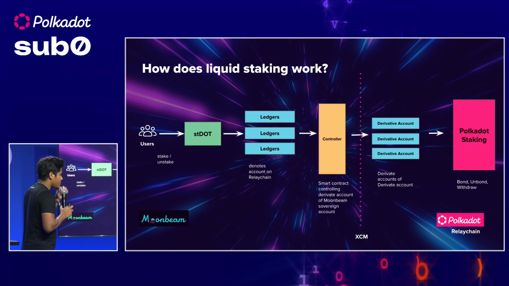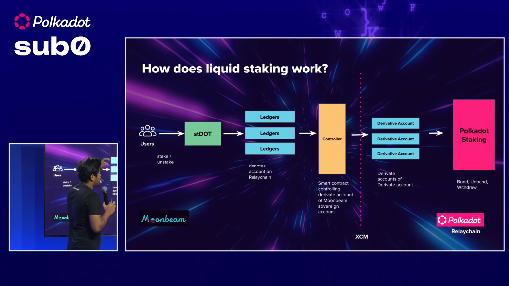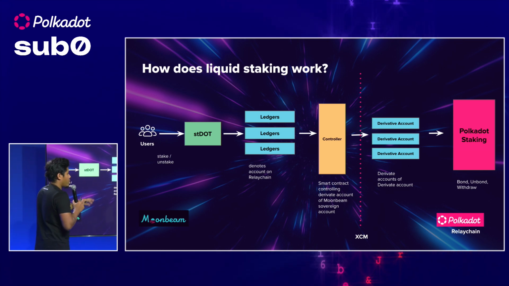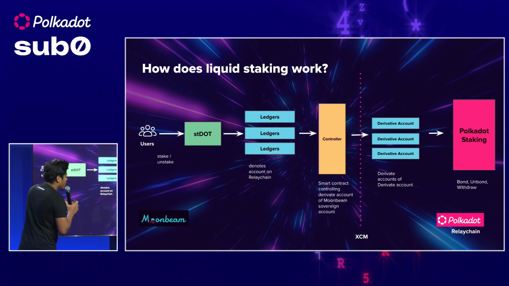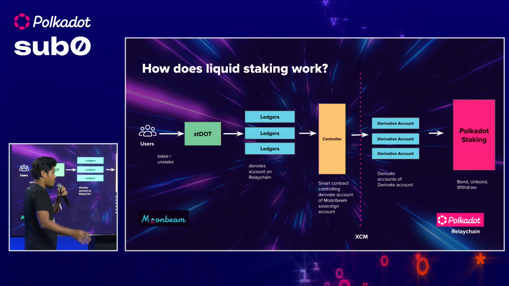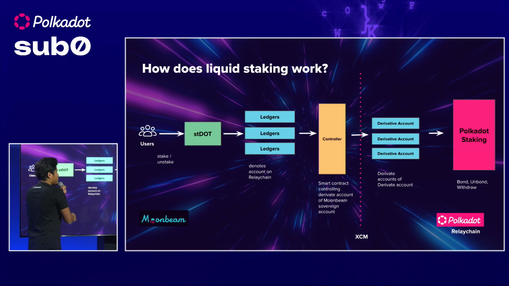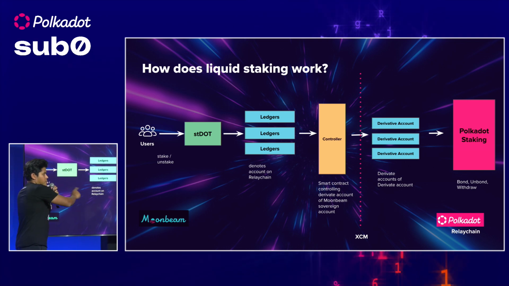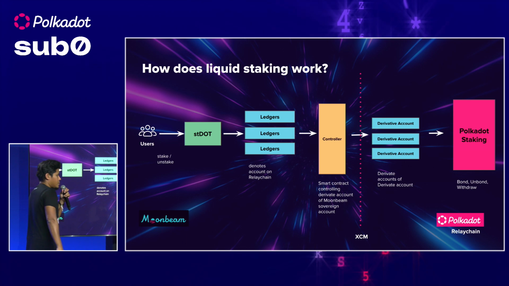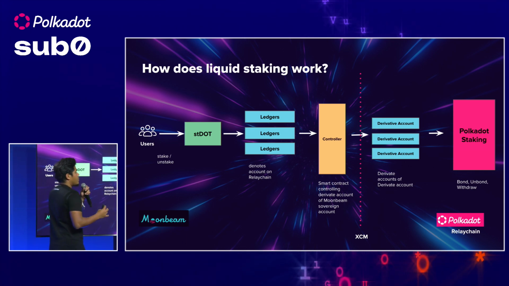Now, what's interesting is that for our ledger infra, we actually have a queuing system, all right? So every era, which is 24 hours in Polkadot, we will batch in all withdrawals and deposits at the ledger, and then combine and aggregate them.